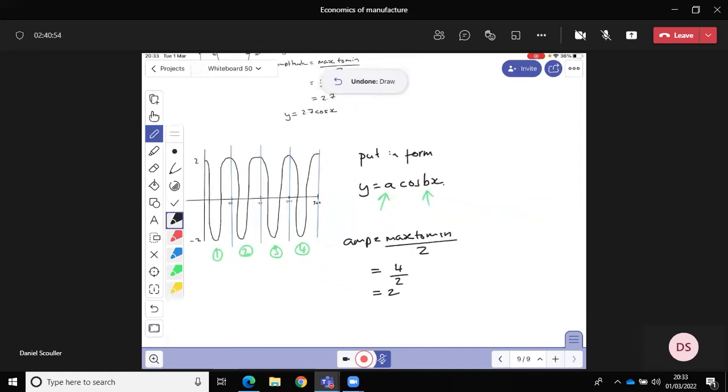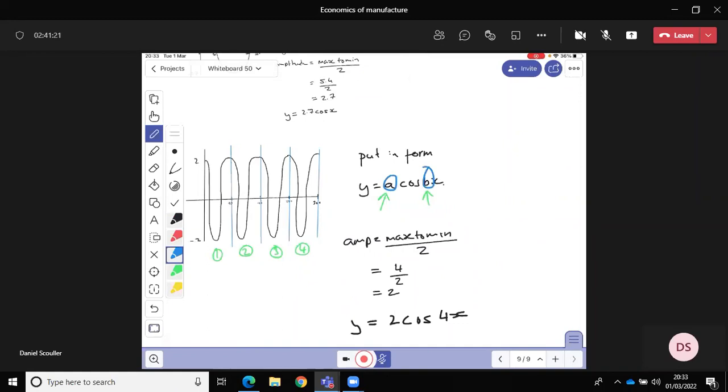And there's 4 waves. So completing that off, we're going to have 2 cos 4x. So we're finding what a is and what b is in this.